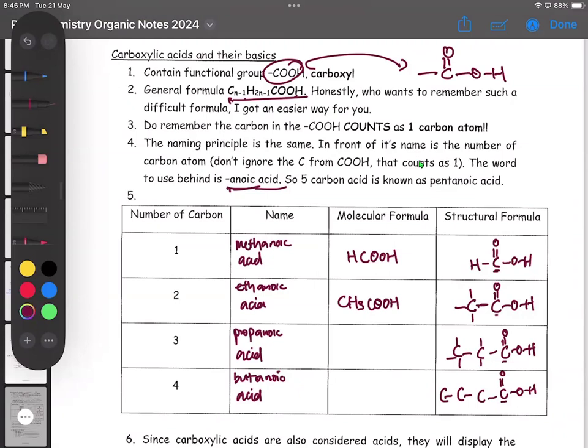So my formula, again, I show you the 2 ways it can be done: C2H5COOH or CH3CH2COOH. And same thing for the last acid, C3H7COOH or CH3CH2CH2COOH.